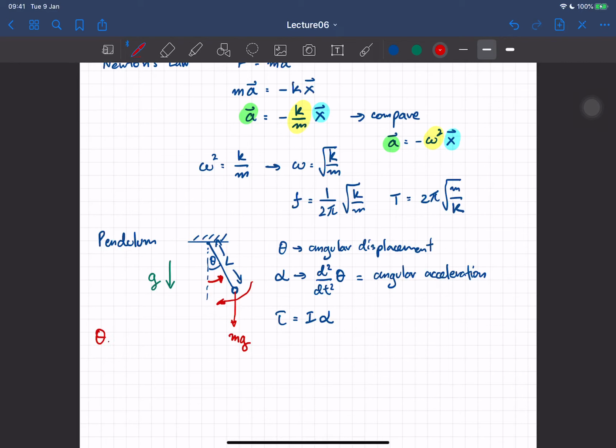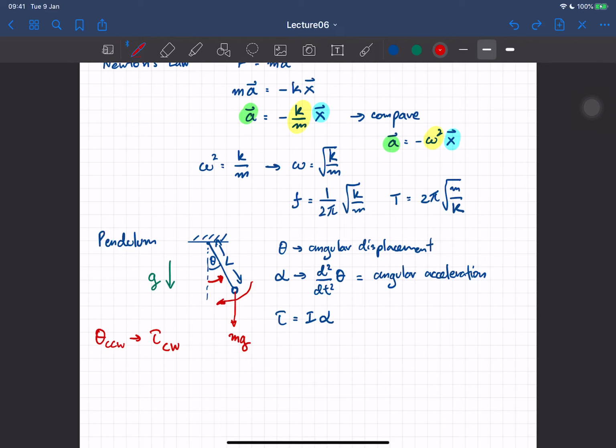Angle is counterclockwise, but torque is clockwise, right? Clockwise is rotating that way. So torque is trying to rotate it back to the center position, which is angle equal to 0. That's very similar to the case for a spring, right? Because the spring is trying to push the mass back to the center position. Here it is the same. The torque is trying to rotate the pendulum back to the center position.